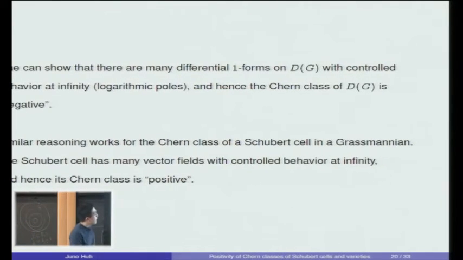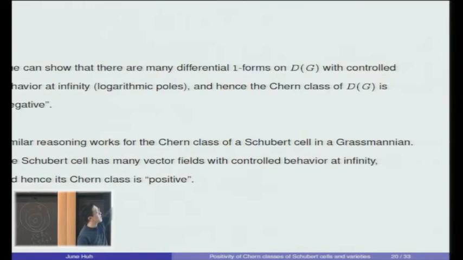So what's happening in the Schubert variety case is exactly the opposite. You have a Schubert variety, which is by definition a B-orbit closure in some variety. So it has lots and lots of vector fields generated by this large group action. So you expect your Chern class to be positive, as opposed to the previous case, which is negative.